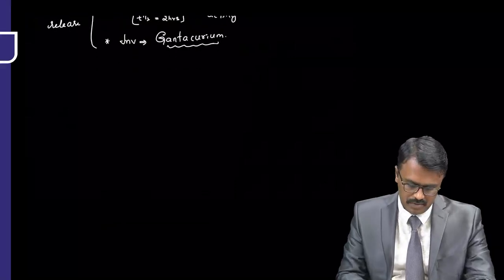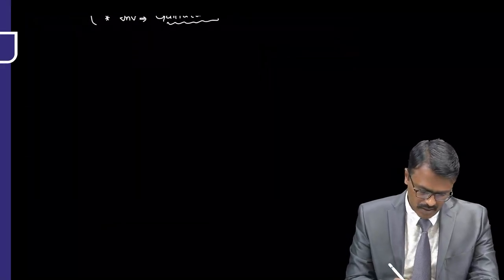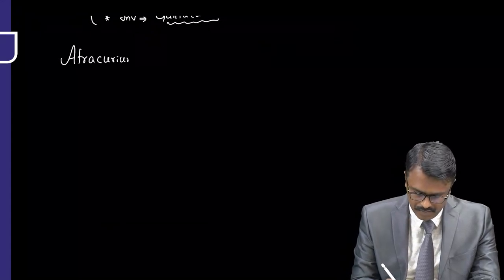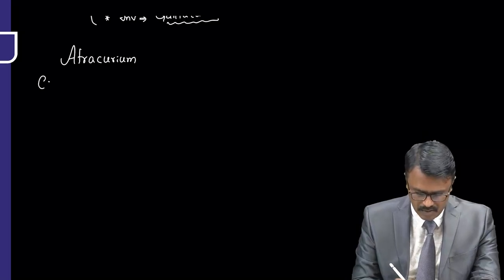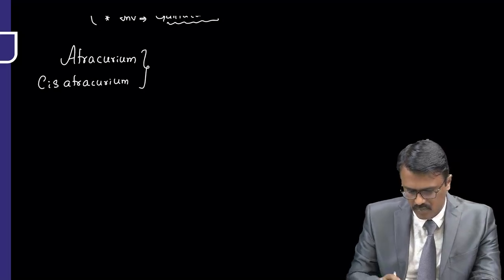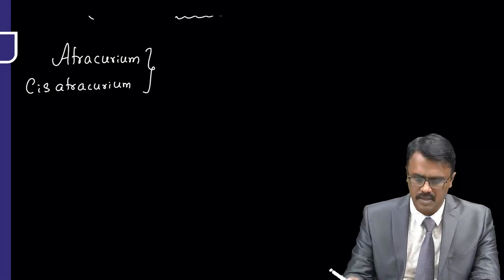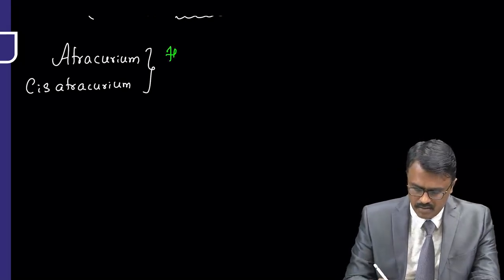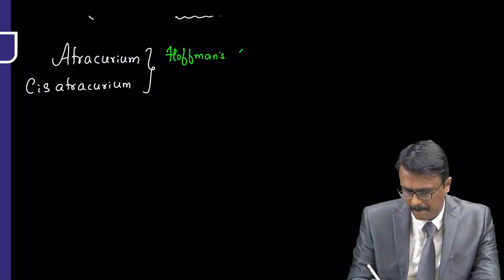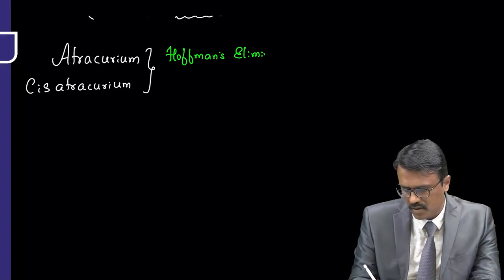Now whenever we talk of these two drugs, the question pops out repeatedly. Atracurium and another drug similar to that is cisatracurium. Now these two drugs undergo a special type of metabolism, and that elimination is called Hofmann's elimination. What happens here?